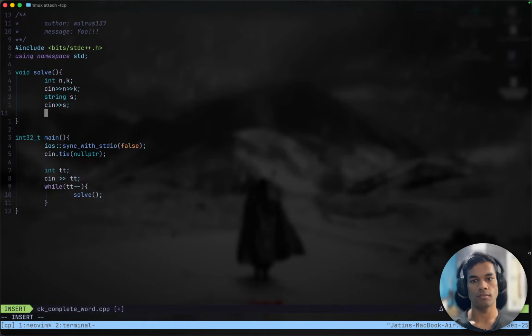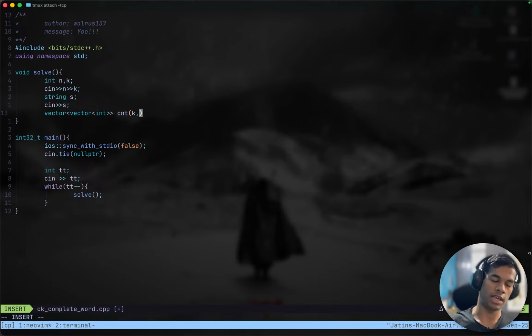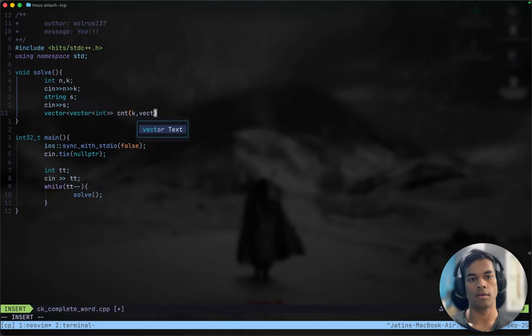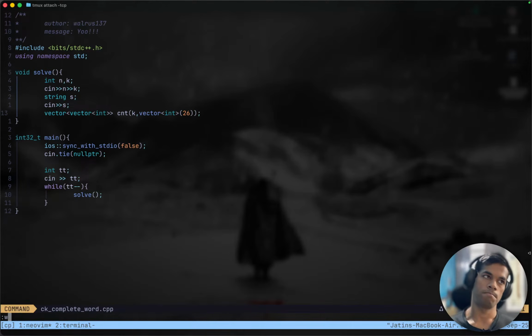We will have a vector of integers, normally called a matrix, CNT we will call it, and its size would be K number of rows and vector int 26 number of columns.